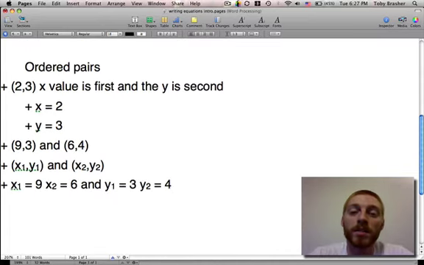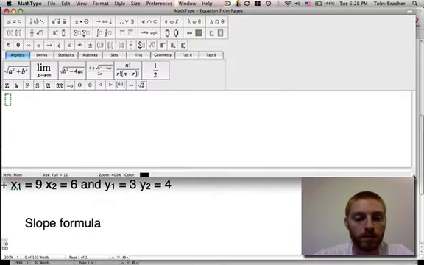The reason this is going to be so useful when we have our slope formula is that the slope formula actually uses subscripts. So let's take a look at the slope formula. We know that the variable m equals slope.